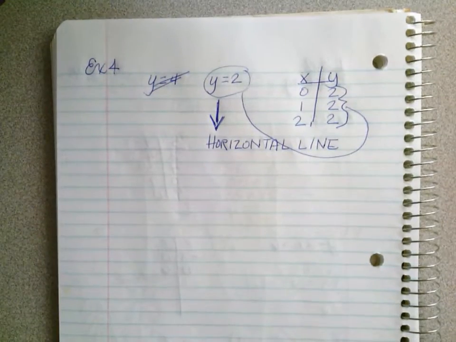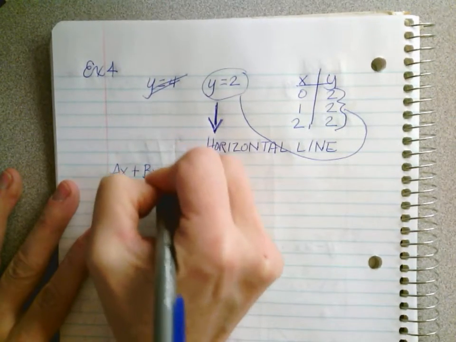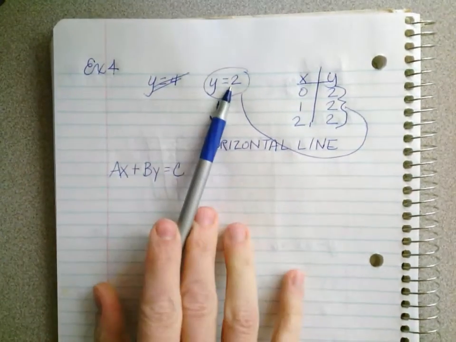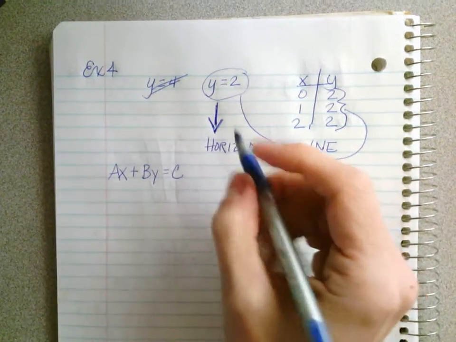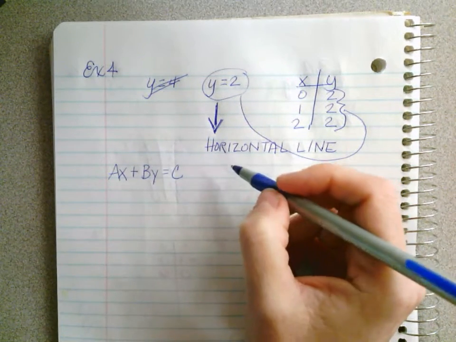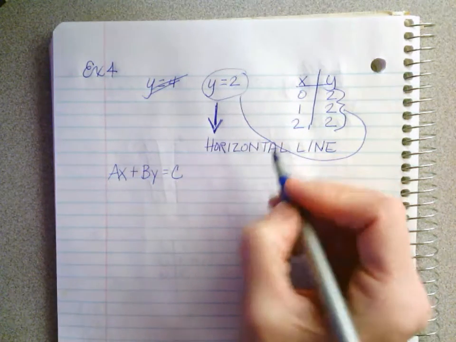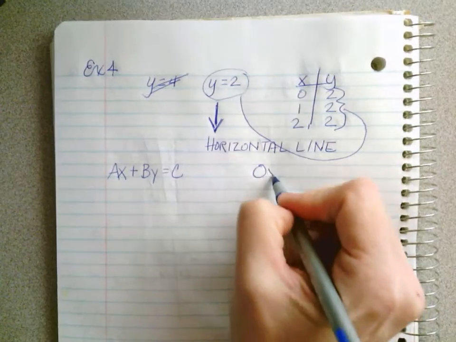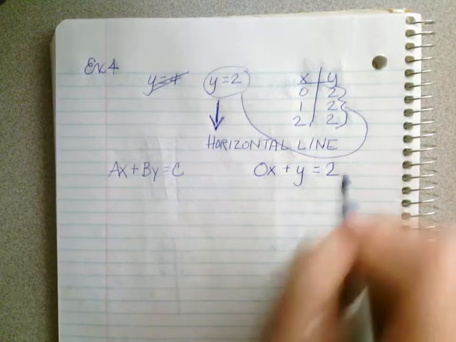Now, go back to that equation for a minute, the whole ax plus by equals c. How does that fit in with that? Well, I want you to look at their solution that they have, and for a second, the equation y equals 4 can be written as 0x plus 1y is 4, which means I could say this, 0x plus 1y is 2.